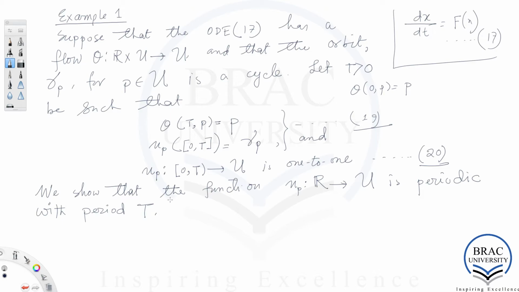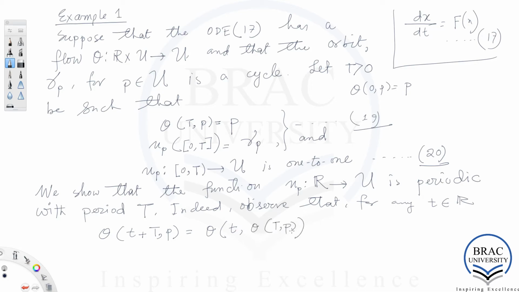Okay. So how do you do that? Indeed, observe that for any time small t, theta of small t plus big T comma p, from the property of the flow we know that this is the same as theta of small t comma theta of big T comma p, right?